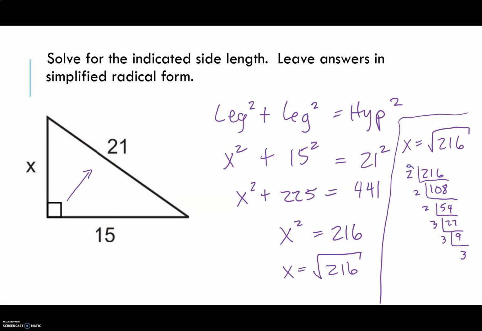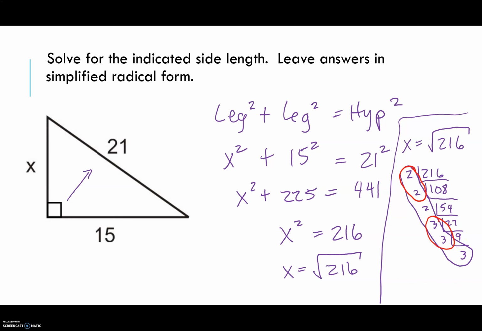So you'll notice, looking at all the numbers that go into making 216, you can see that there are 2 groups of 2. There is a group of 2 2s, and there is a group of 2 3s. You'll also notice that there's a 2 that doesn't have a matching 2 to go with it, and a 3 that doesn't have a matching 3 to go with it.